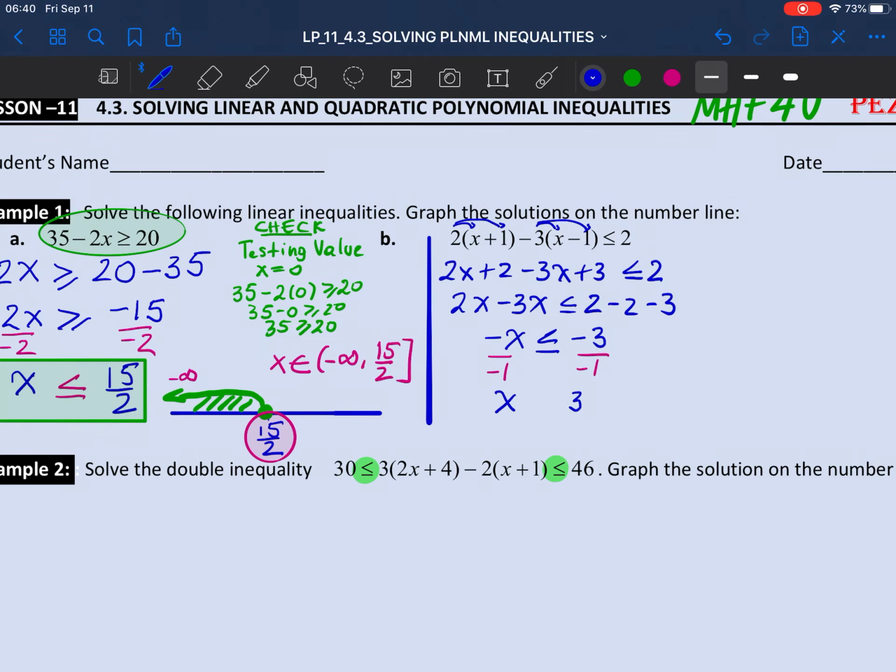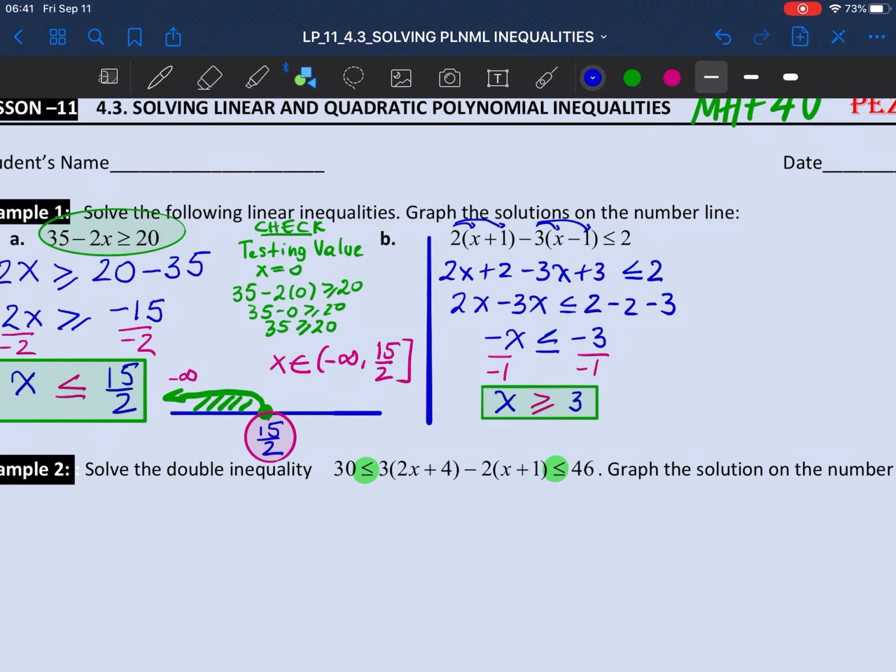But because we divided by a negative number, the direction of the inequality from less than or equal to will change to become bigger than or equal to 3 in this case. And this will be the solution. And again, I'll box this up. And I'll draw the solution on the number line because that's what it says in here.